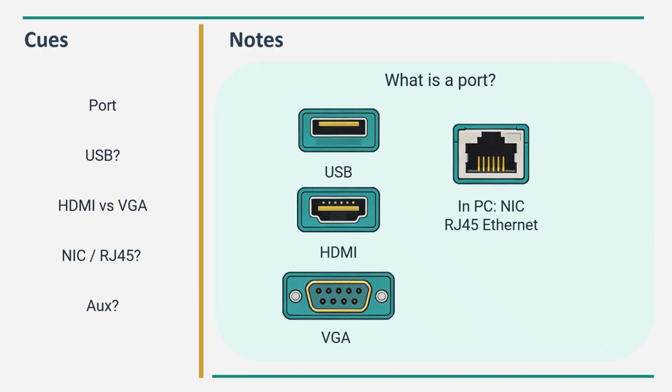In a PC, this port is connected to a NIC, a network interface card, which allows your computer to connect to the network. And lastly, the audio jack is only used for sound. If you match the right cable to the right port, everything works. However, if you have the wrong match, you won't have any connection. These ports are asked in question papers, so please make sure that you can distinguish them individually.